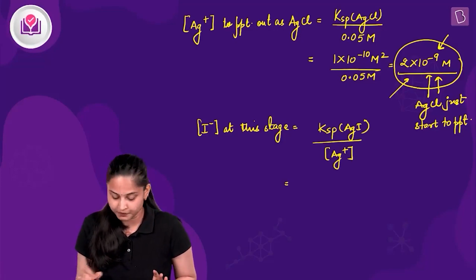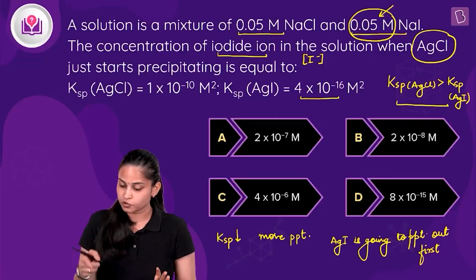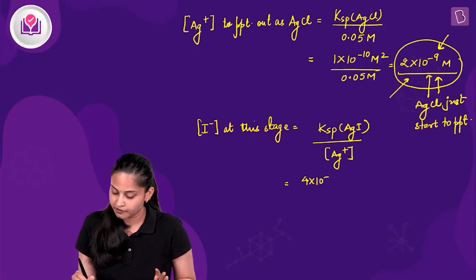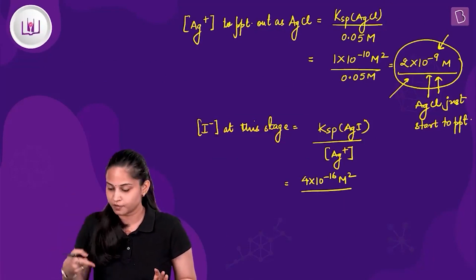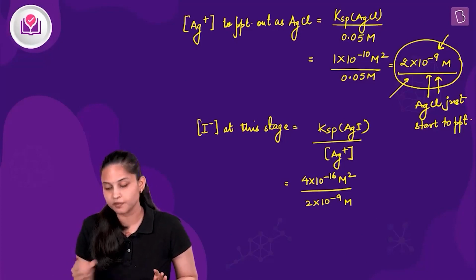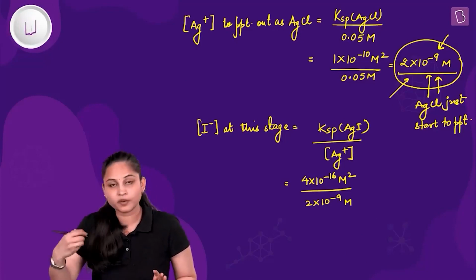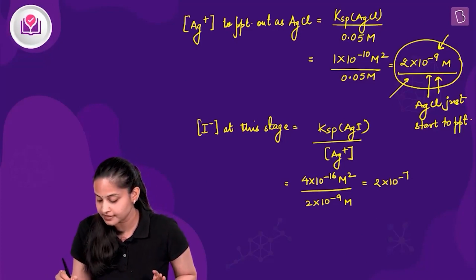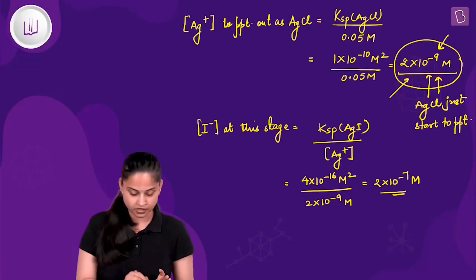So it's 4 × 10⁻¹⁶ molar square divided by the concentration of Ag⁺, which is 2 × 10⁻⁹ molar. When you calculate this, you'll get the answer as 2 × 10⁻⁷ molar. This is the right answer.